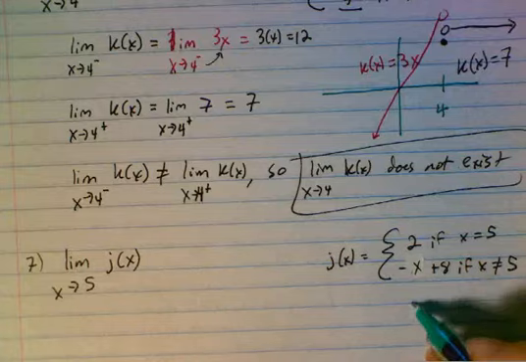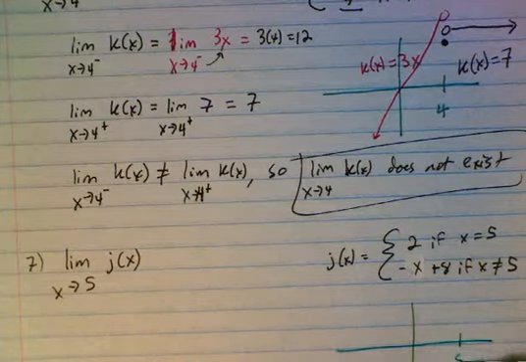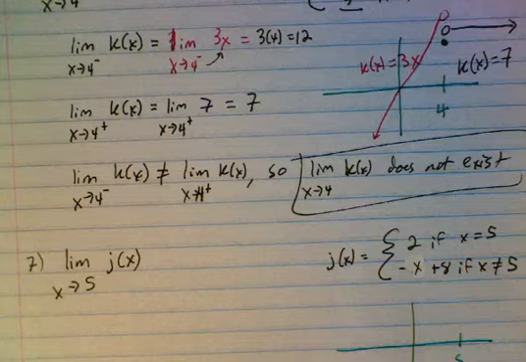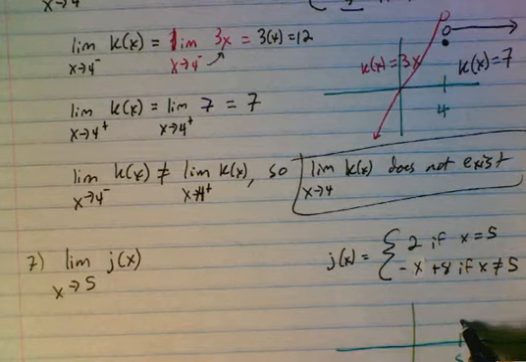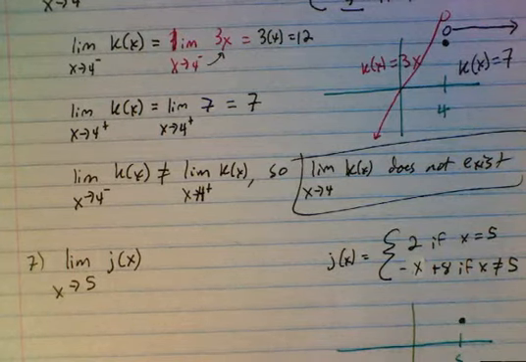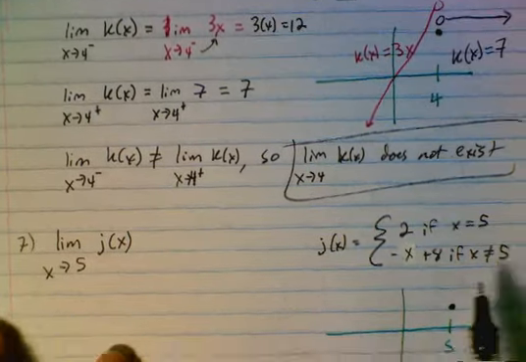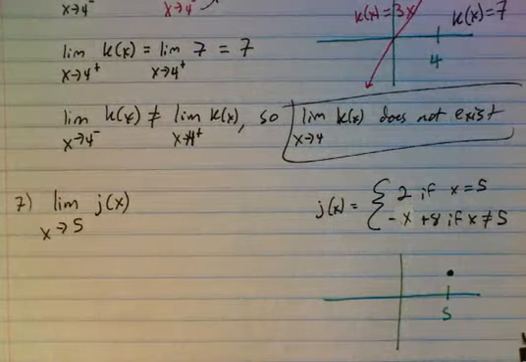So what that means in terms of what this looks like is that when x equals 5, we have a dot here at 2. But not equal to 5 both means on the left and on the right.